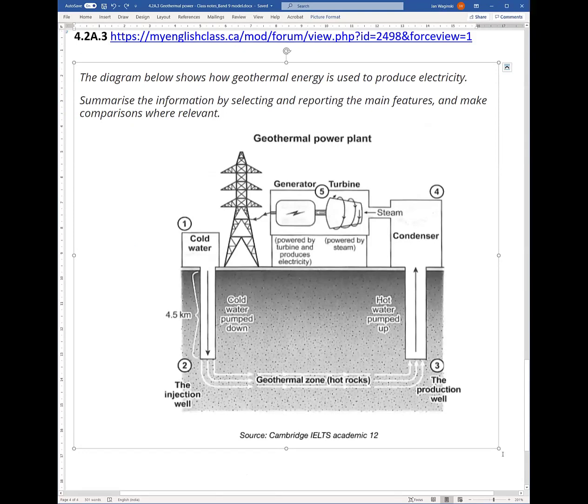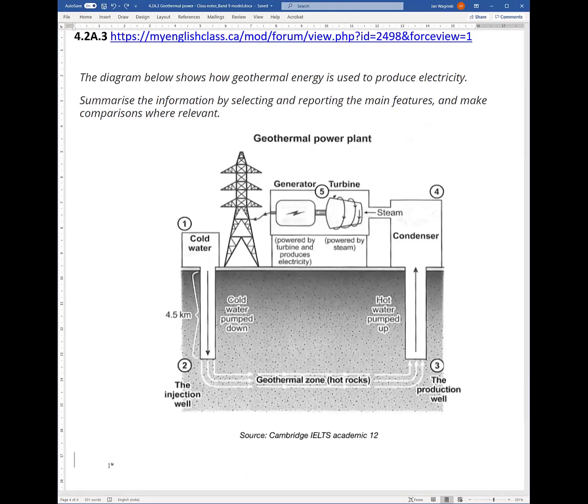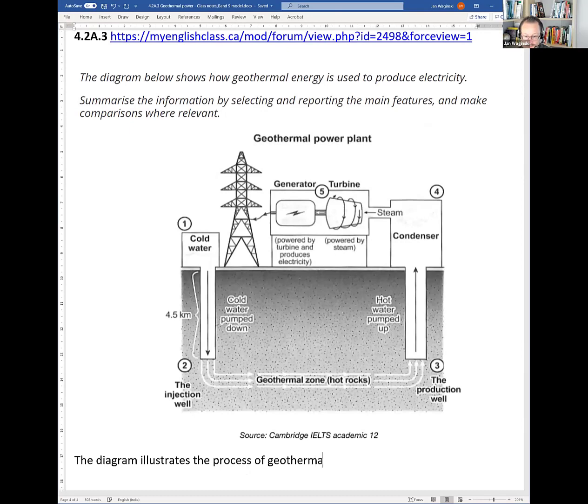The diagram illustrates the geothermal energy into the electricity. Demonstrate the process of geothermal energy into the electricity. So it's pronounced geothermal.